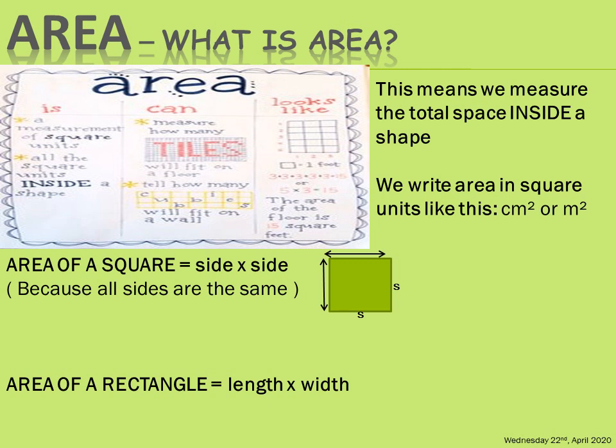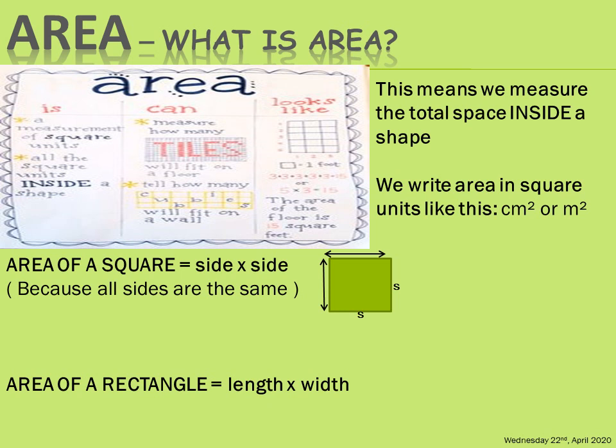So where I have my letter S is the same as the second letter S, and where I have the two arrows. So if where I have one letter S now is 5, all the other sides will be 5. So I am not adding this time. What I will do is 5 multiply by 5, and the area will be 25 meters square or centimeter square. This is how we find the area of a square.